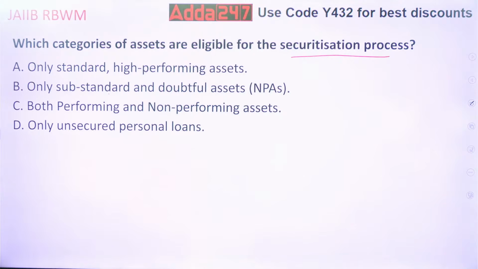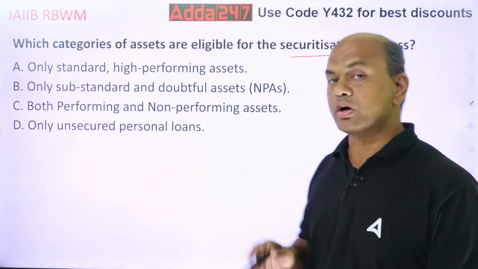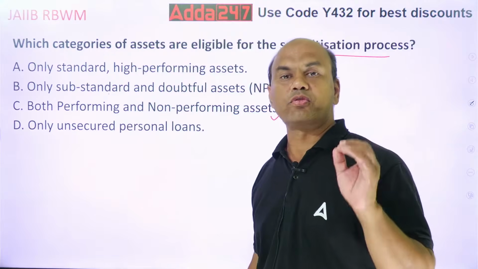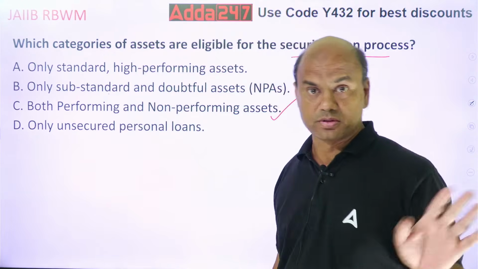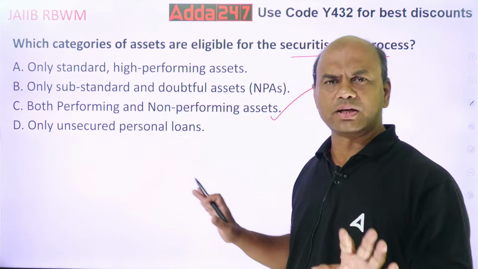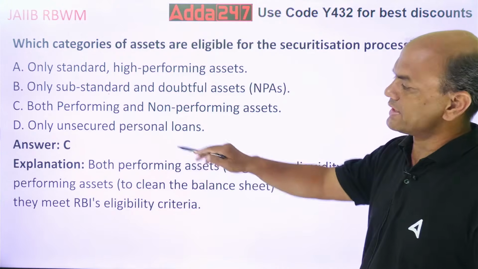Many of you are answering B, NPA. Kindly note, the answer is not B. The answer is C. You can sell performing and non-performing, both. Standard good loans also, bad loans also. You can sell it to the SPV. Both are allowed. Okay, C.